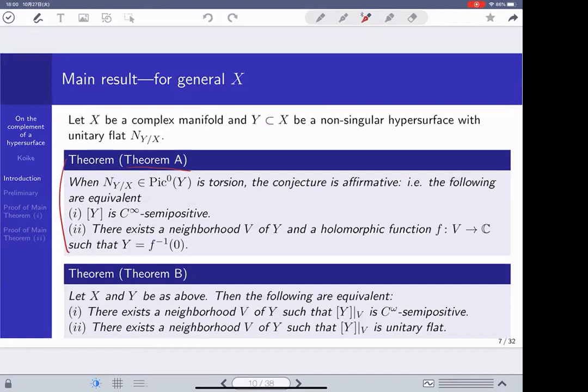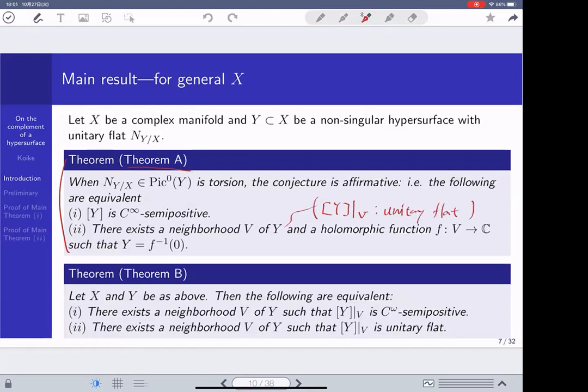Namely, the following are equivalent. Assertion 1, Y is C infinity semipositive. 2, there exists a neighborhood V of Y such that Y restricted to V is unitary flat.